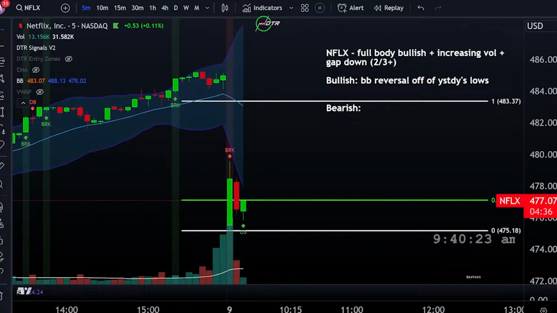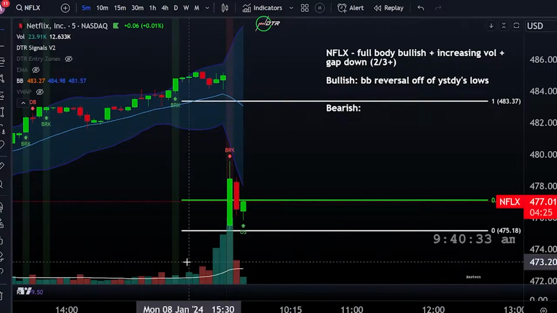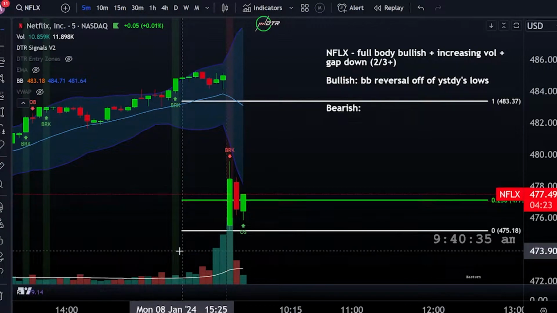I have a partial fill here. It's a good price, 476 on the dot.